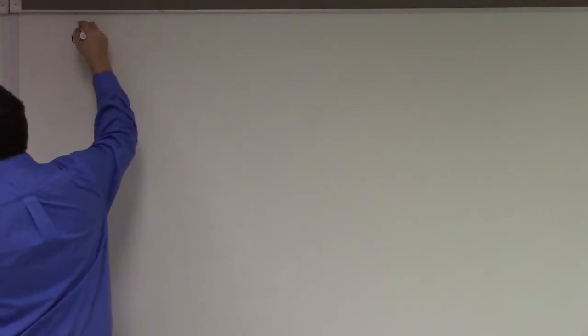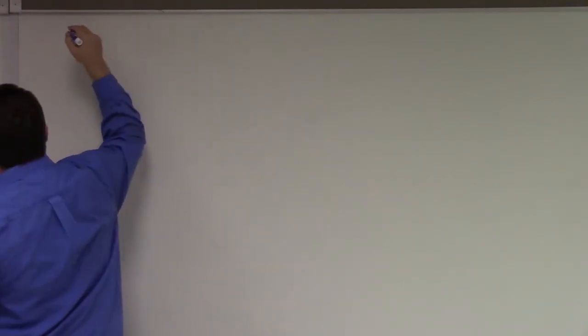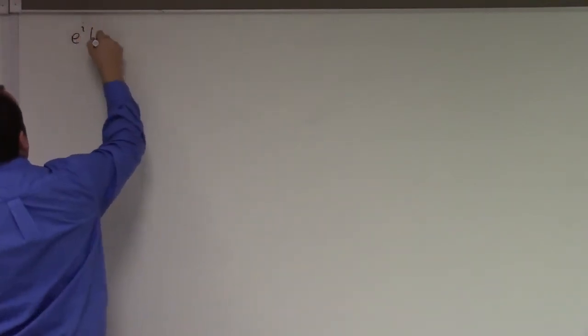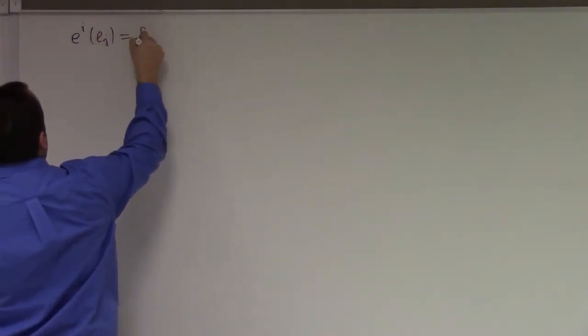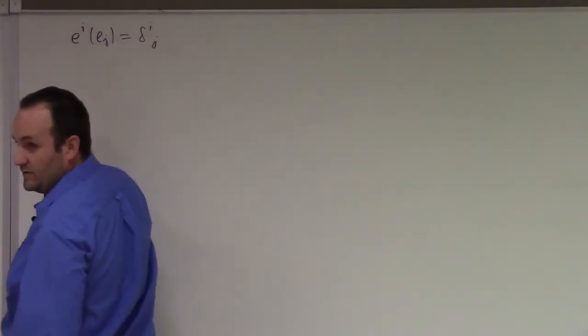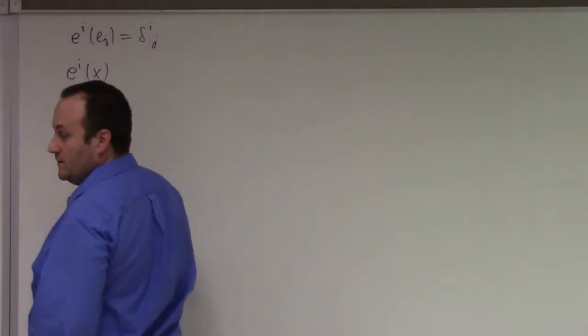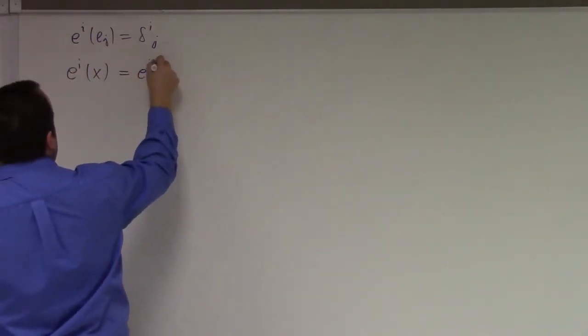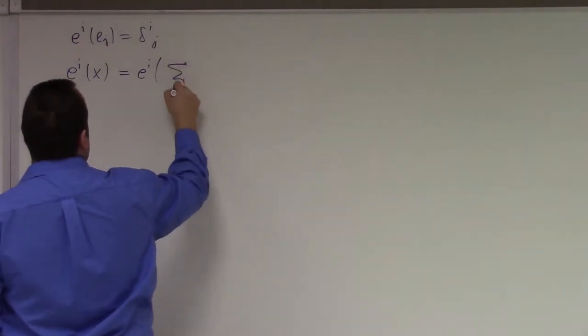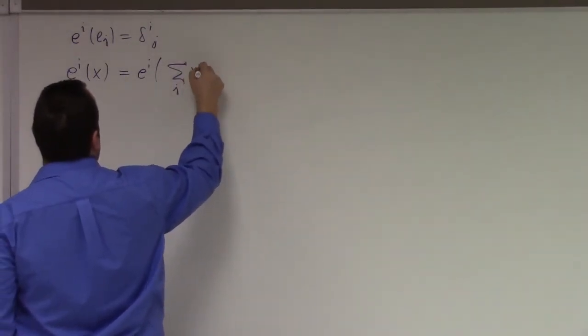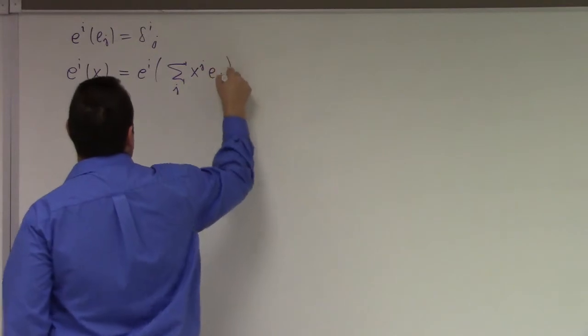Exactly. That's a good question, and a good comment. So we had e^i(e_j) equal to the Kronecker delta ij, right? So what happens when you have e^i acting on a vector x? Well, that's e^i acting on the sum over j of x^j e_j, right?